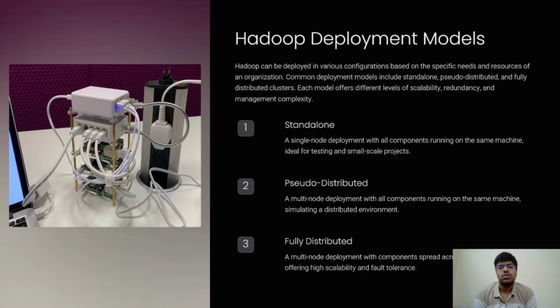Then there is pseudo-distributed, where you have a multi-node deployment. Here as well, all the components are running on the same machine, except it simulates a distributed environment. And finally, fully distributed, where there is a multi-node deployment across multiple machines running at the same time, which offers high scalability and fault tolerance.